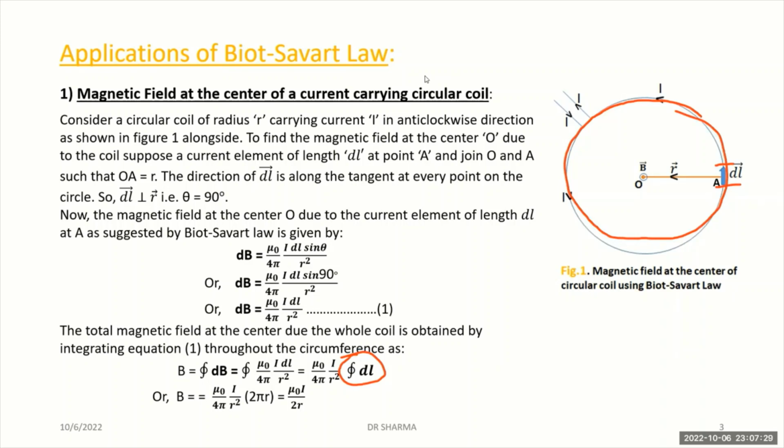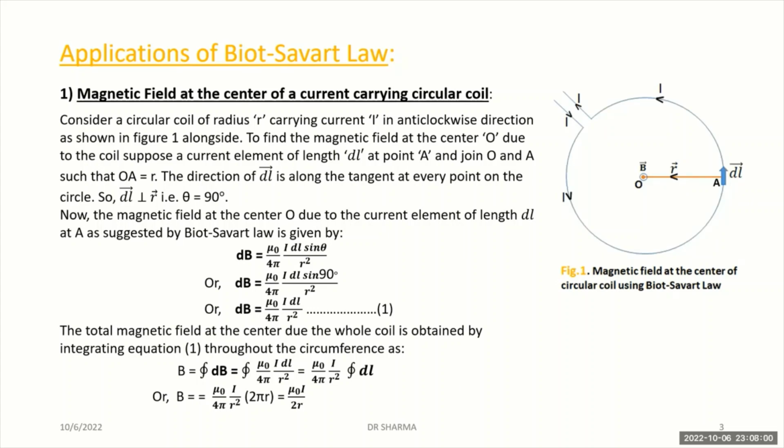That gives the circumference itself. So circumference is 2 pi r. Value of integration dl throughout the circumference of the circle is 2 pi r. That is the circumference itself. Now by simplifying, you get B is equal to mu naught I by 2r. This is the total magnetic field at the center O.